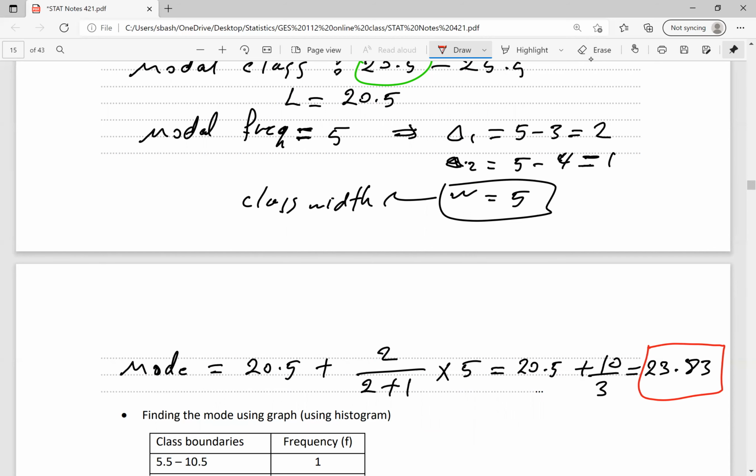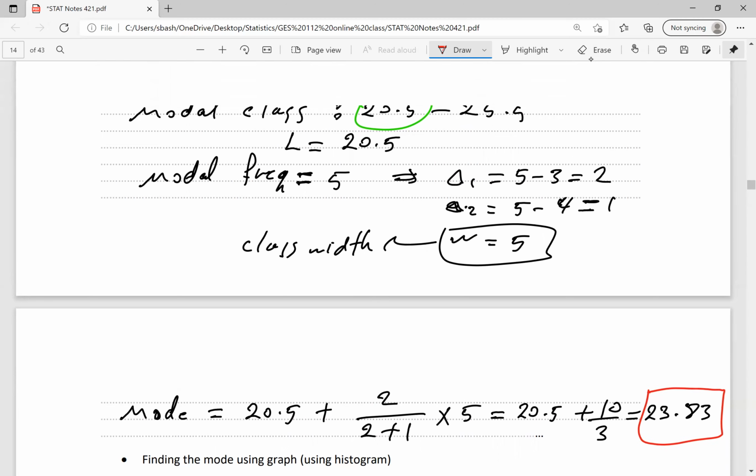So again, to find the mode for grouped data, we have this formula, L, the lower boundary for the modal class. Modal class means the class with the highest frequency. We are taking the lower boundary, and we found delta 1, which is the difference between the modal frequency and the frequency just above that one, and delta 2, which is the difference between the modal frequency and the one under it.